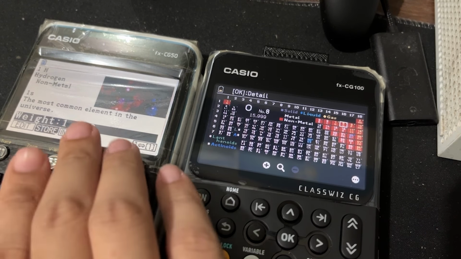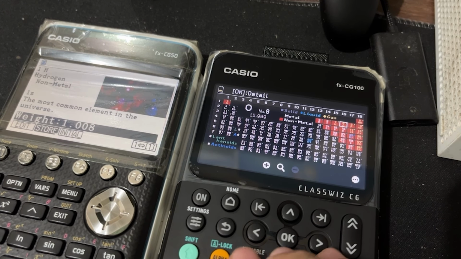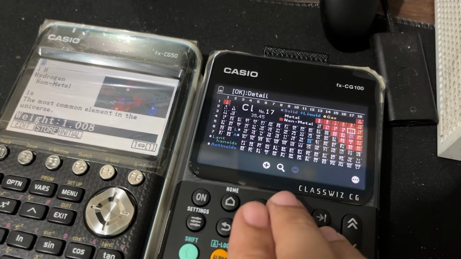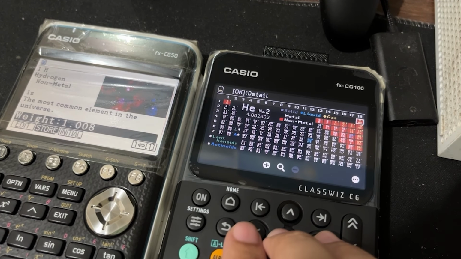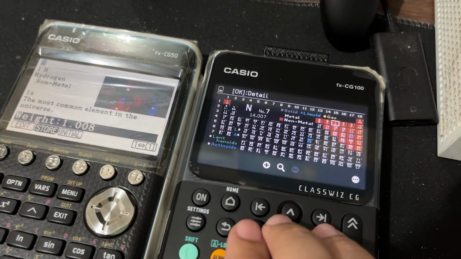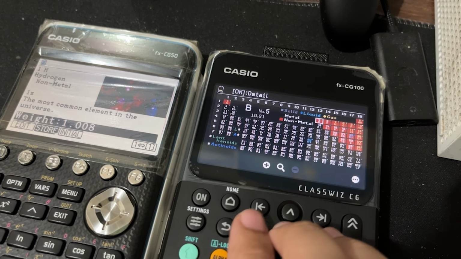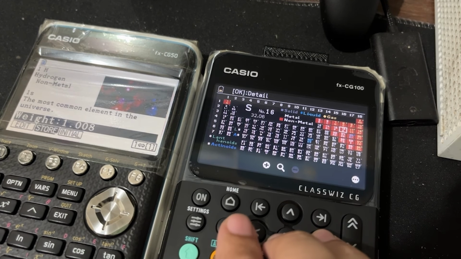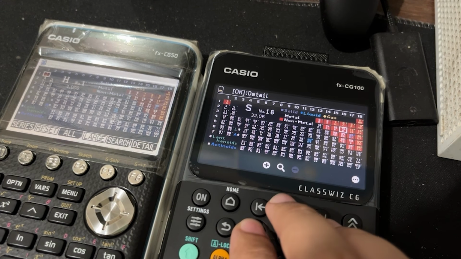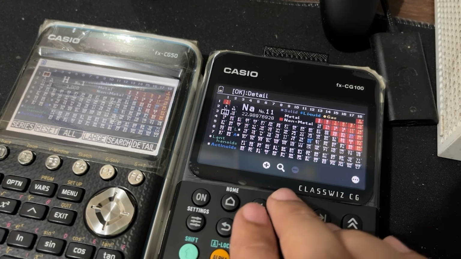Well, it's hydrogen. For that, this one has helium. Nitrogen, it's a gas. The gas on top is hydrogen.